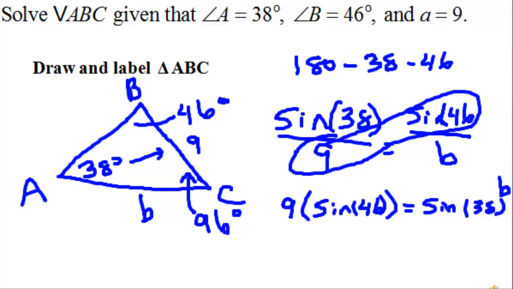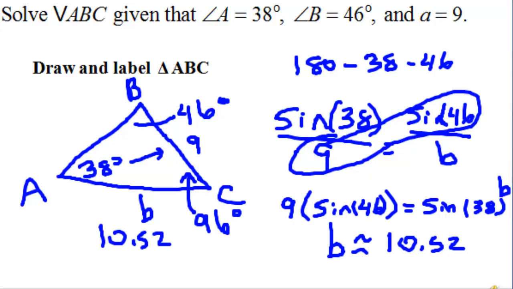So we divide 9 times sine of 46 divided by sine of 38 will tell us that b is approximately 10.52. That's the side b.